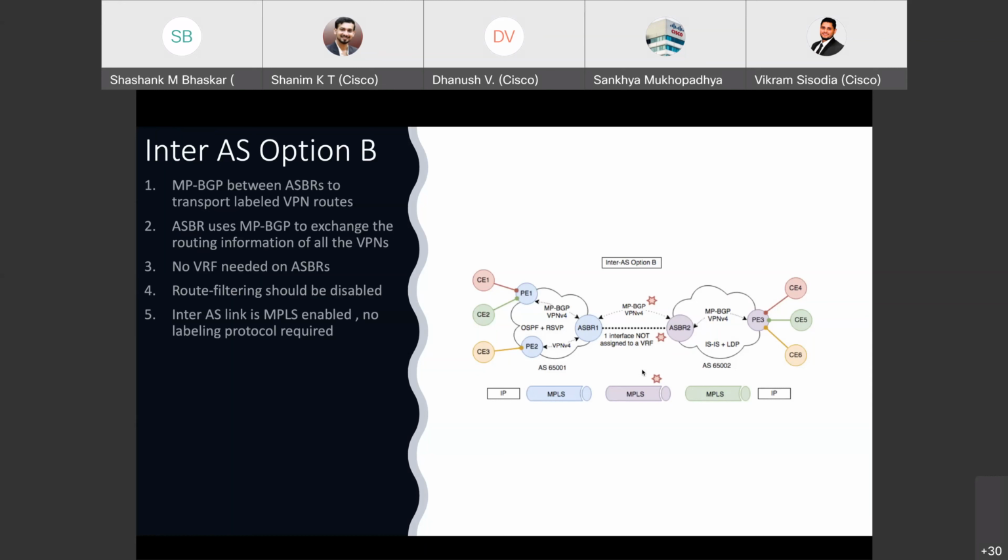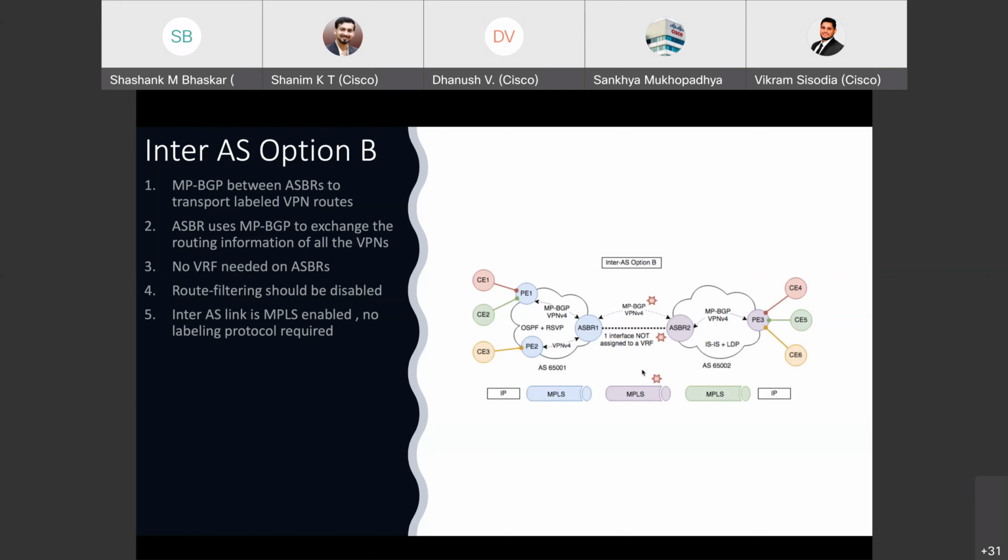C1 and C4 are part of the same customer. When C1 tries to reach something on C4, B1 needs to pass the packets to ASBR1, which in turn passes them to ASBR2 and then to P3.